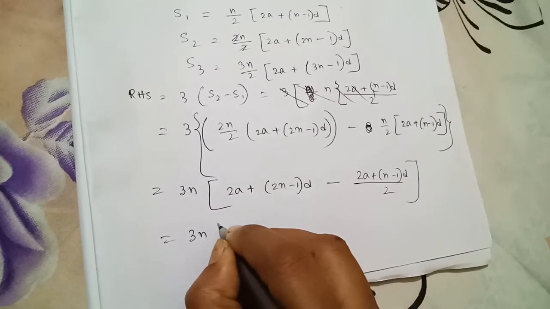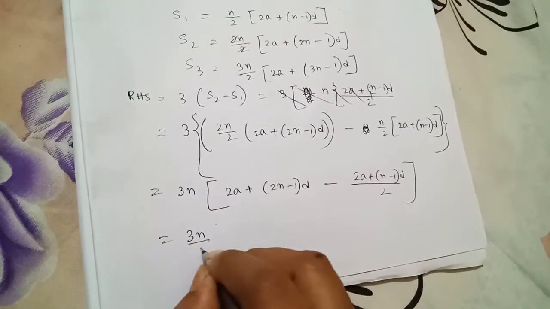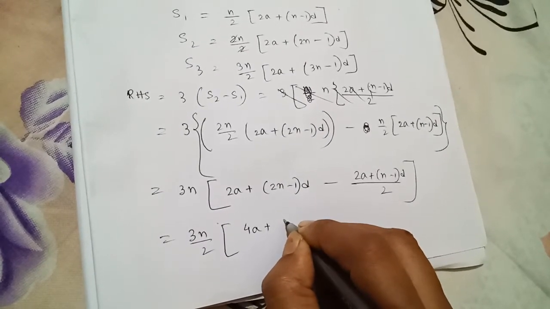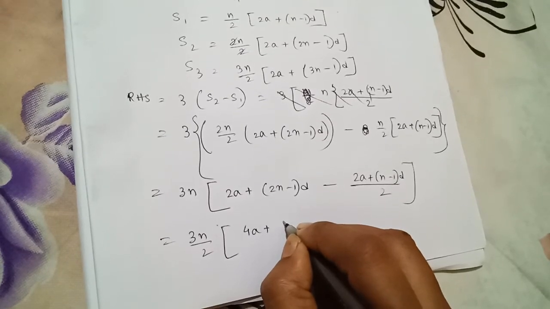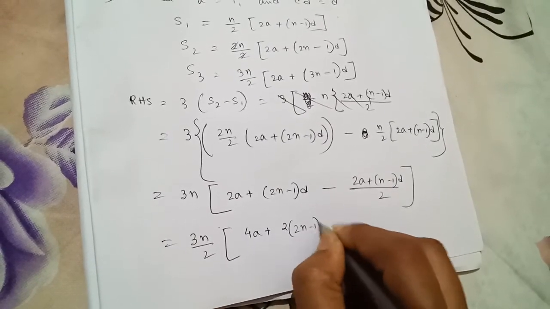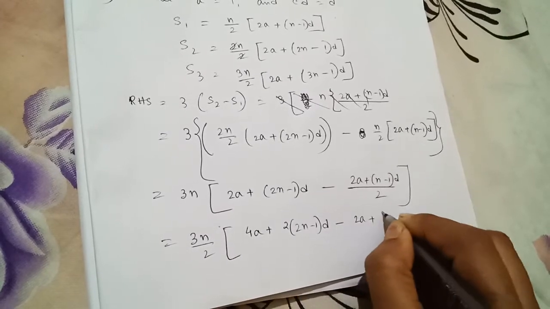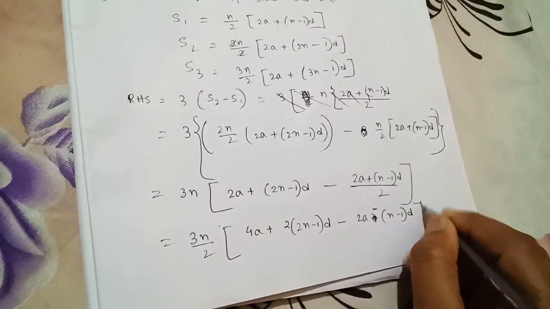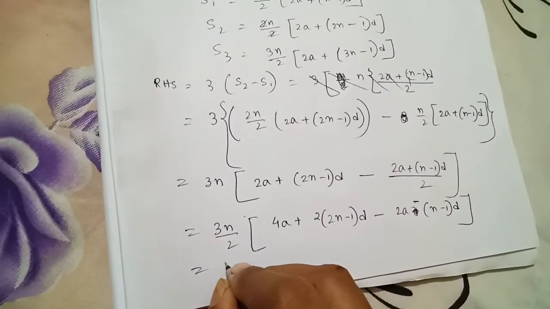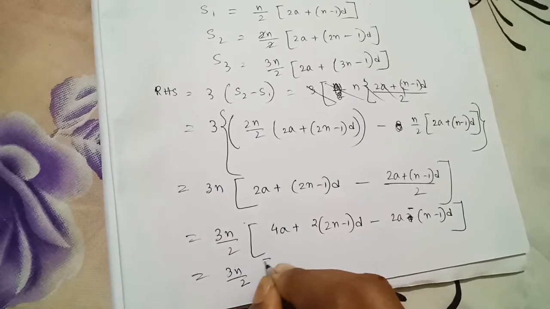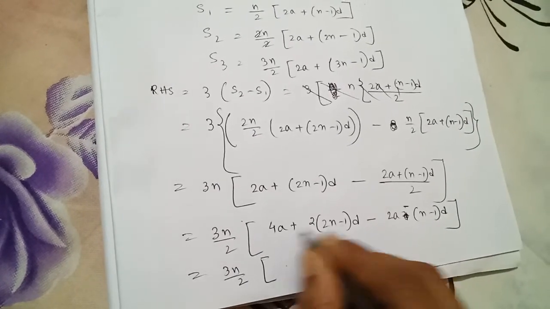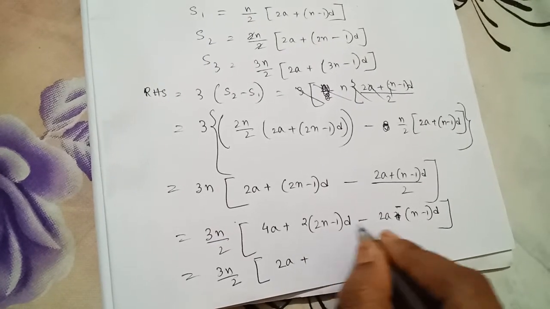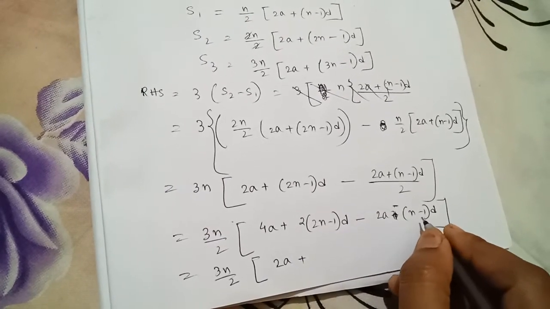So it's 3n by 2 I'm taking together, so it's 4a plus 2 into 2n minus 1 into d, minus 2a plus n minus 1 into d. So it's actually 3n by 2, 4a minus 2a means 2a, plus 2 into 2n minus 1 into d minus n minus 1 into d.